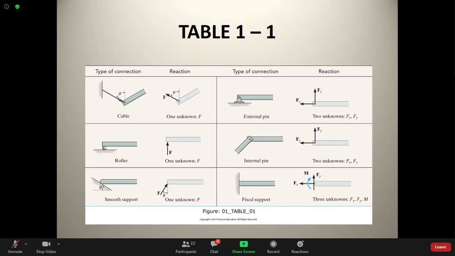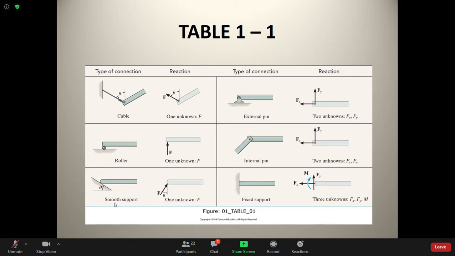I cannot move it in this direction. That is why you show one force only. There is no force in the X direction. But like I always say, you don't have to apply this kind of logic every time. All I need you to know is that as soon as you see a roller, just apply one reaction there. A roller will always be replaced by one force.